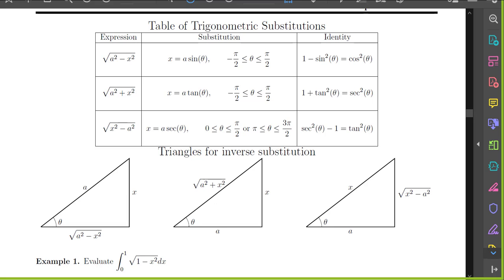A couple of comments about this table. It shows radicals and some different expressions and recommends that we use a certain substitution and a certain identity. We can use these when radicals aren't present as well, as long as any of the radicands are present, so a squared minus x squared, a squared plus x squared, or x squared minus a squared, this strategy will also work.